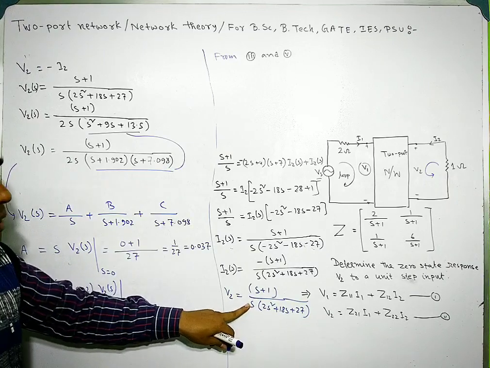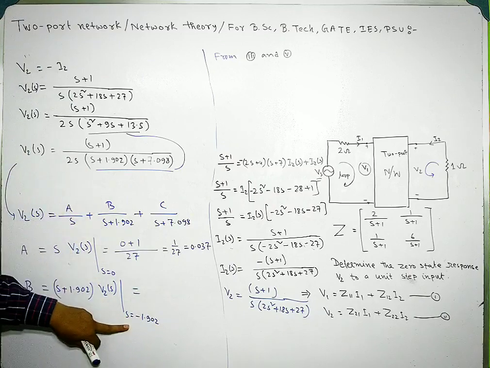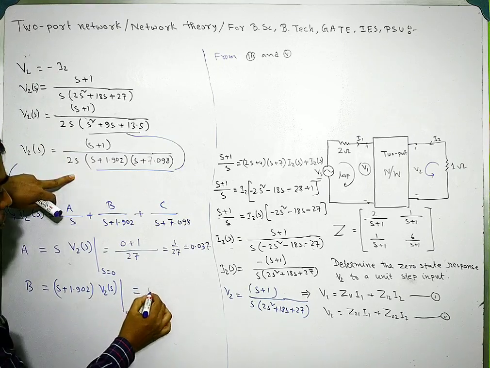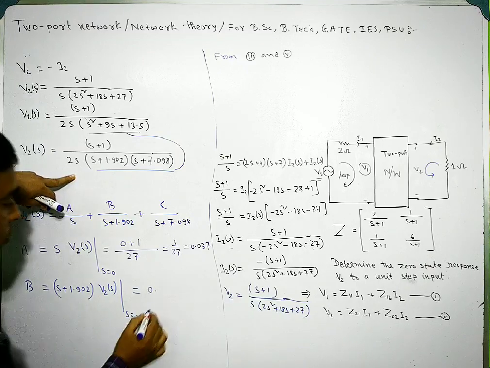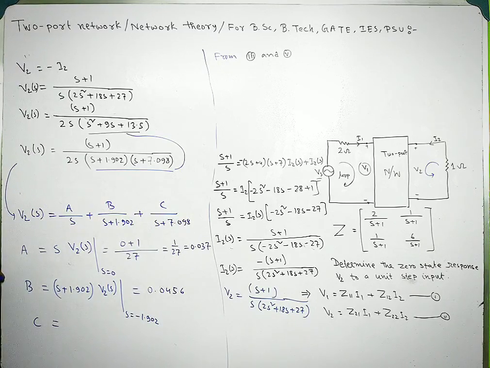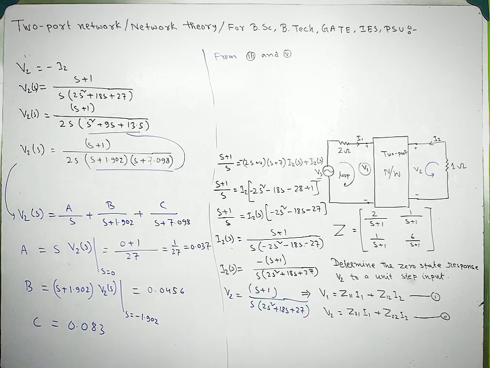If you put this value in this equation, it will be 0.0456. Similarly C can be found out as 0.83.